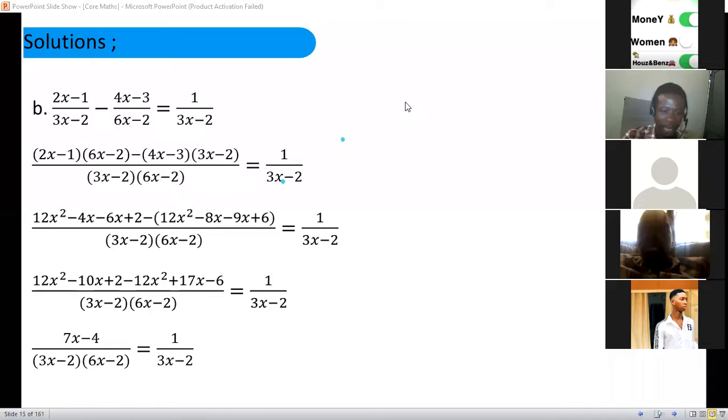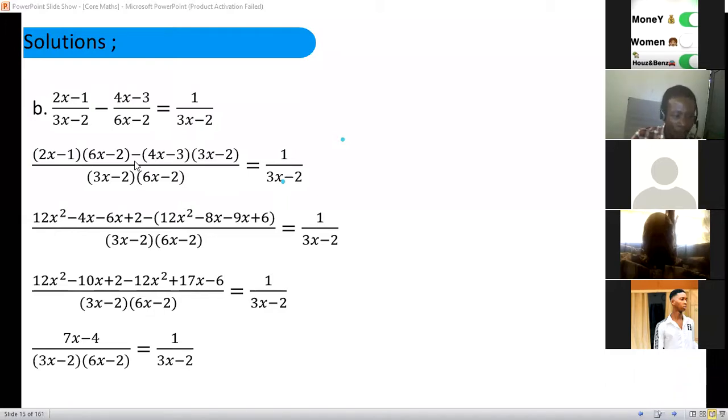Please, in the third part of the equation, why did you put them in brackets? Third part, the 12x squared, minus 8x, yes, I put it into a bracket because of the minus. If you are not careful and you expand without the minus sign, you know the minus sign is affecting the whole bracket, and expanding without it is going to make your equation very wrong.